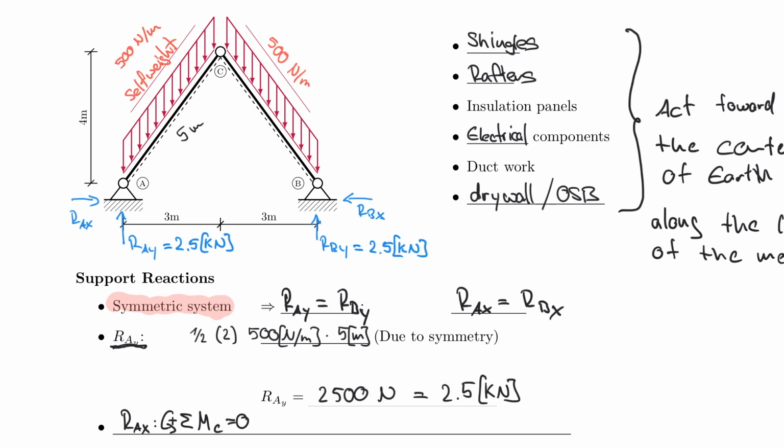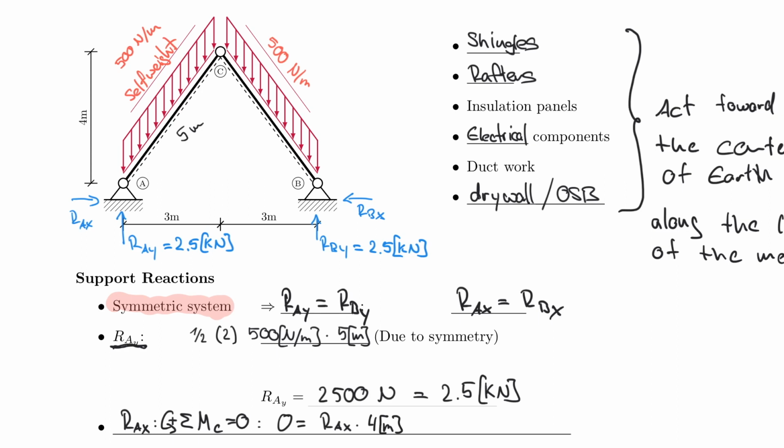And of course counterclockwise positive. And so I start with my unknown. 0 is equal to RAX multiplied by the lever arm of 4 meters, because that's the shortest distance between that point and the line of action of RAX. So times 4 meters.